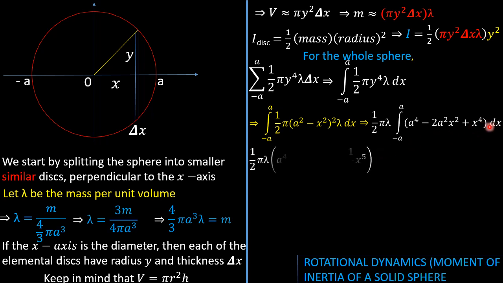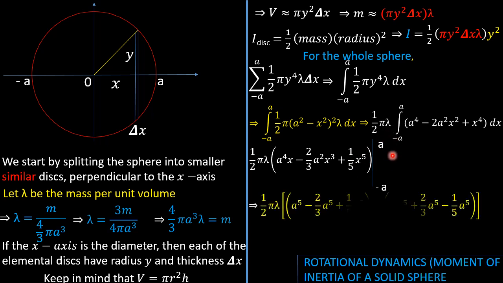So integrating each of them, we are going to have 1/2 pi lambda into a to the power 4 x minus 2/3 a squared x cubed plus 1/5 x to the power 5. Great. That's what we have, friends. The limits of integration go from negative a and end at a. Good.